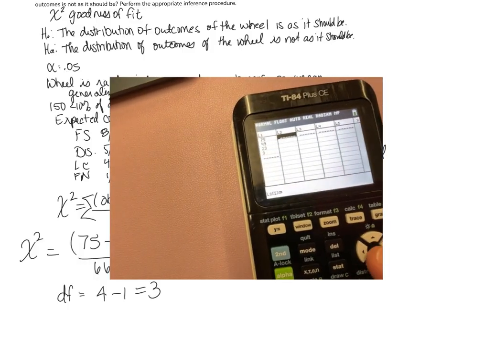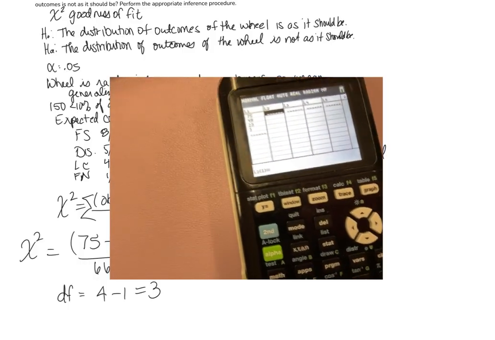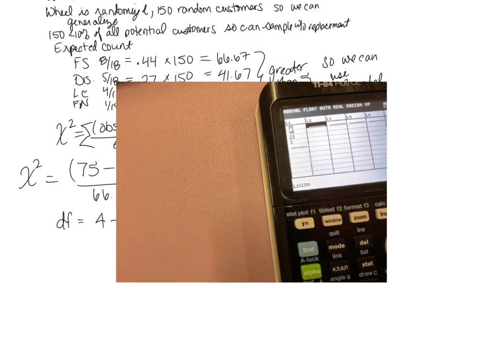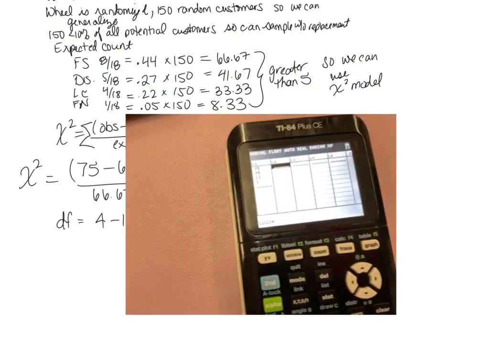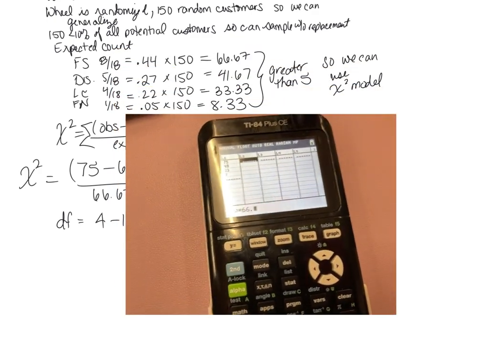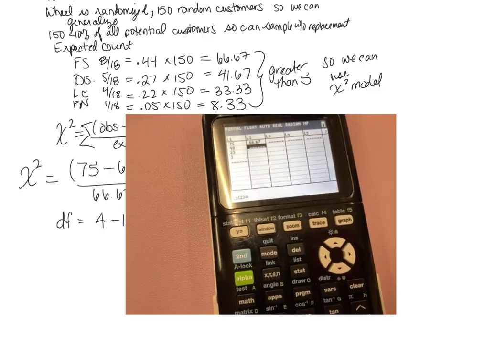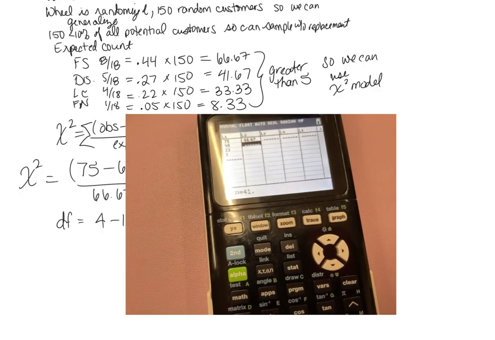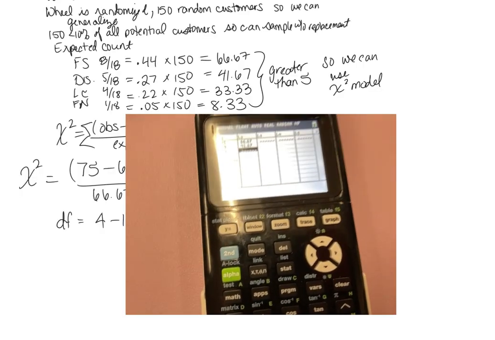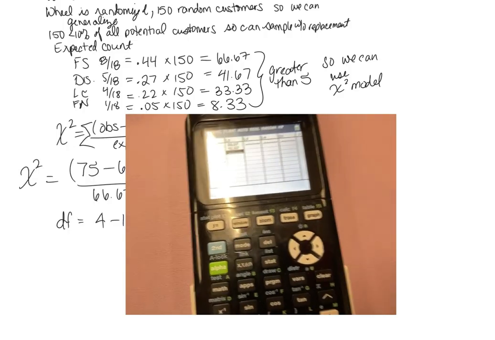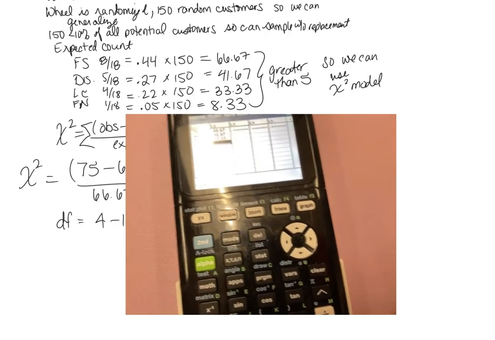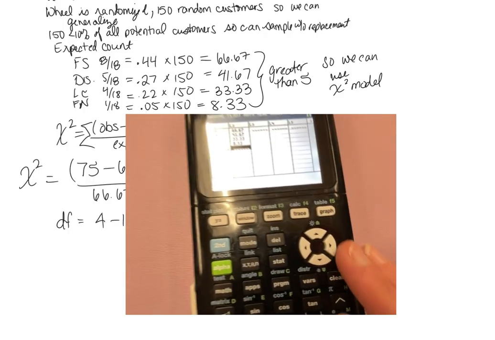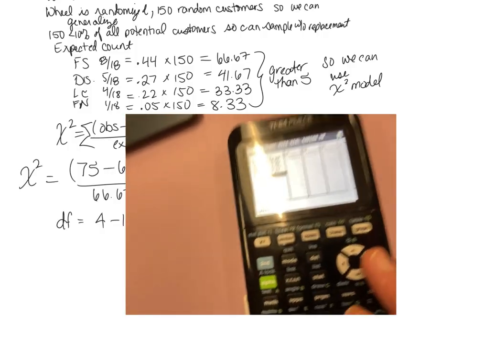And then we're going to go over to list 2, and I'm going to put my expected. So here we go. 66.67, 41.67, 33.33, and 8.33.